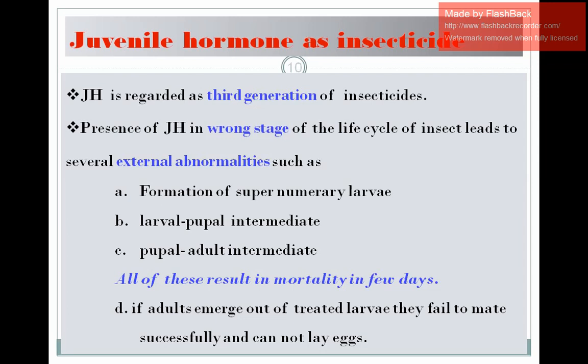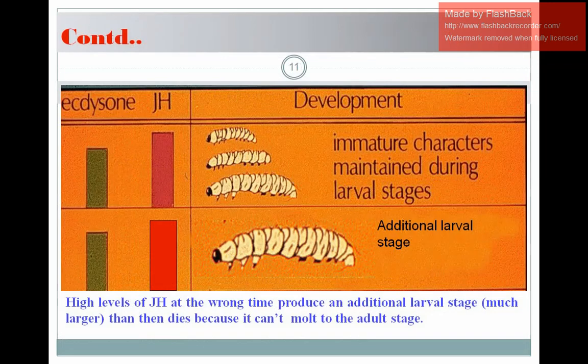But if by any chance some insects survive in this condition, then that particular insect will fail to mate successfully in the adult condition, and they cannot lay eggs also. Look at this diagram or picture.